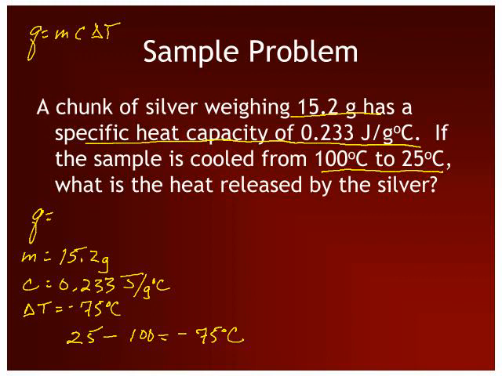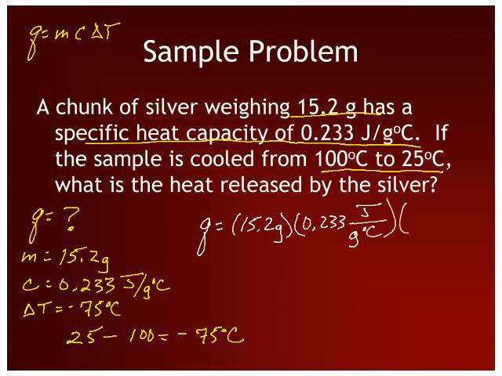And the question asks, what is the heat released by the silver? So we are looking for Q. So we go ahead and plug things in our problems here. Q equals M. Here's my mass. C, my specific heat. And then my temperature. It's okay that you have a negative temperature.